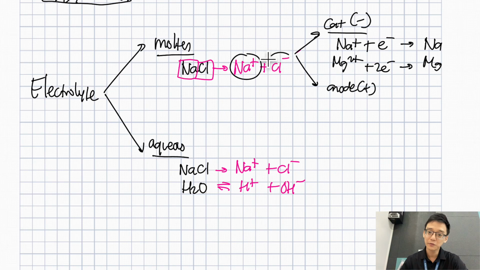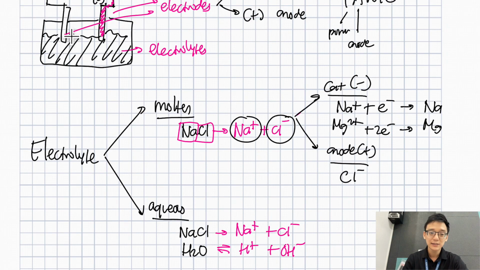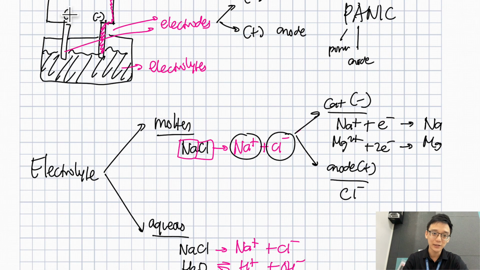So then we have to attract the negative ion. In this case, Cl minus will go here. So what happens here? Cl minus has an extra electron, because a Cl minus ion is a Cl atom that already has an extra electron. And because this rod is positive, it can still accept electron.